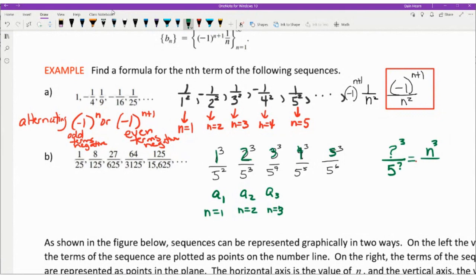And in the denominator, it's 2, 3, 4, 5, 6, not 1, 2, 3, 4, 5. So you ask yourself, how is this different than n each time? So in each case, this power is just 1 more than n. So that's going to be 5 to the n plus 1. Okay, so that's our basic introduction to sequences.